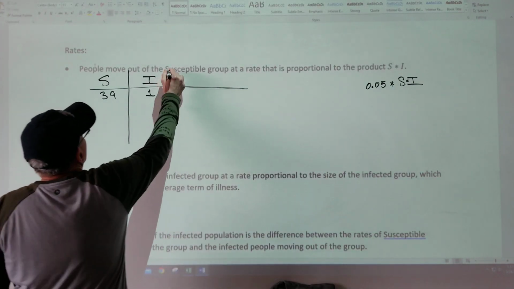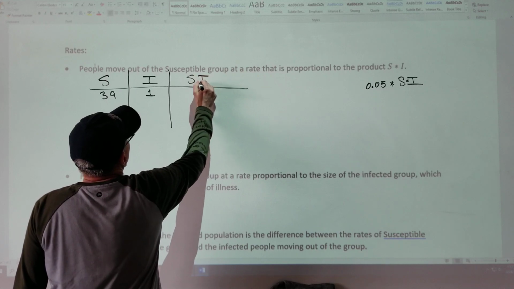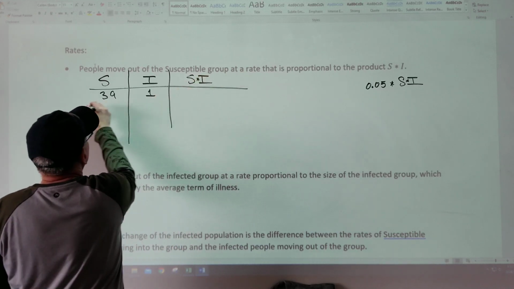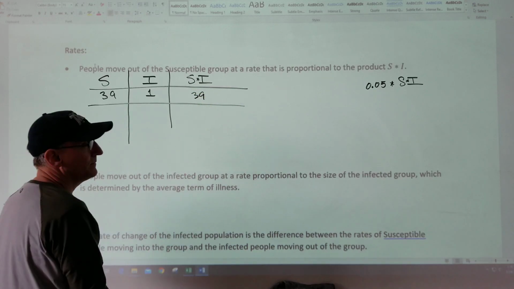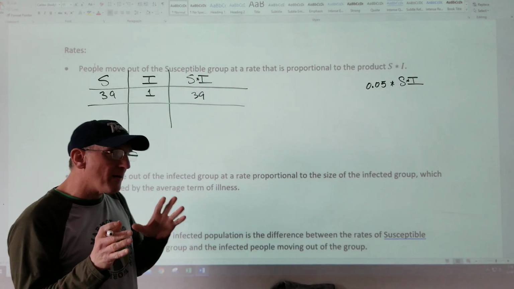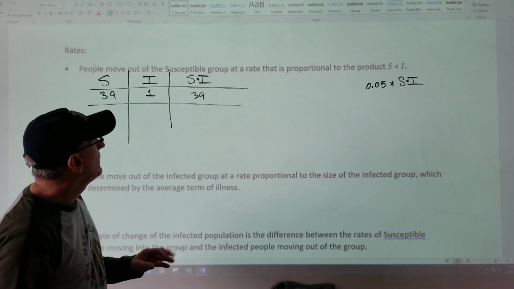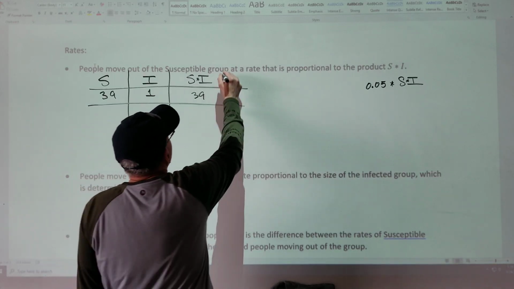So let's compute the product SI. That's 39 times 1 is 39. Again, that means there's 39 possible transmissions today. Let's take 5% of that.